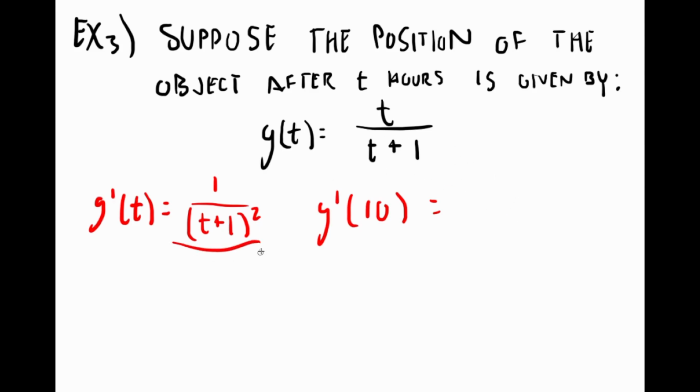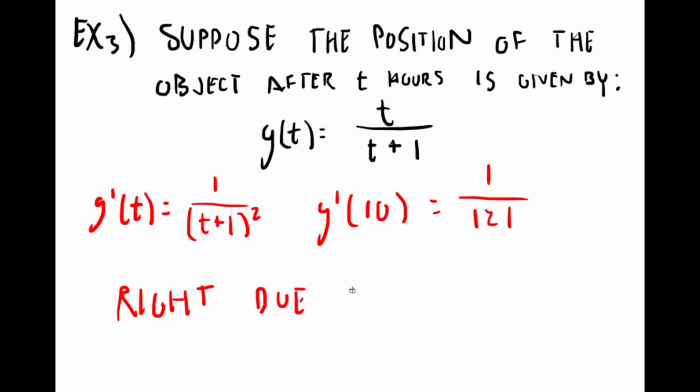Oh, g prime, sorry, I was looking at my notes. 1 over 121. 11 times 11, yeah, 121. And because of the fact that it is not a negative, we could just say right, due to positive.